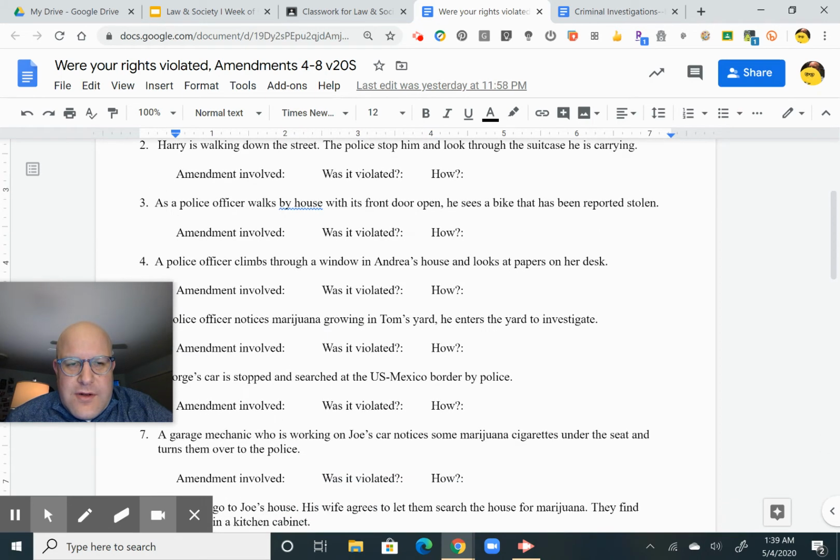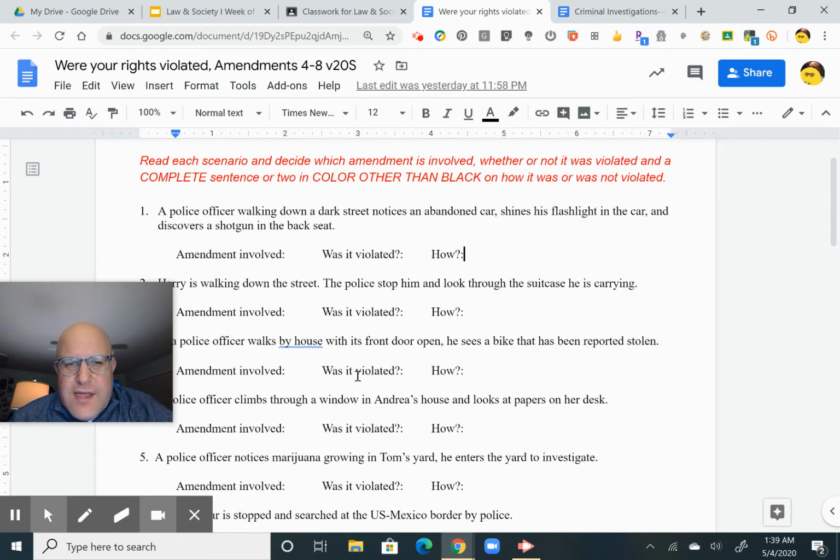For example, a police officer walking down a dark street notices an abandoned car, shines his flashlight in the car, and discovers a shotgun in the back seat. Obviously, this is the 4th Amendment. Was the 4th Amendment violated? Well, let's take a gander.